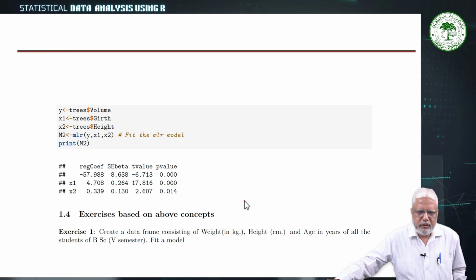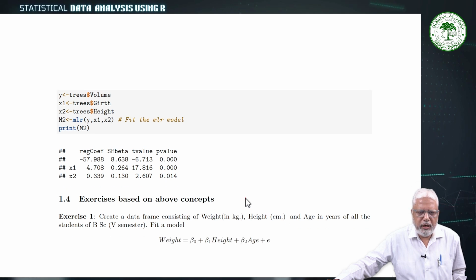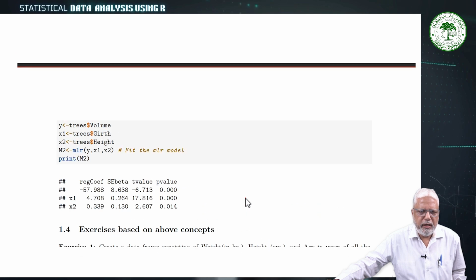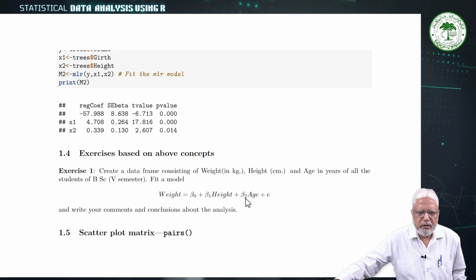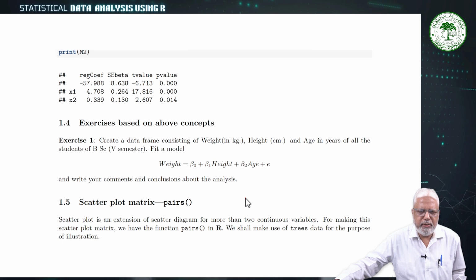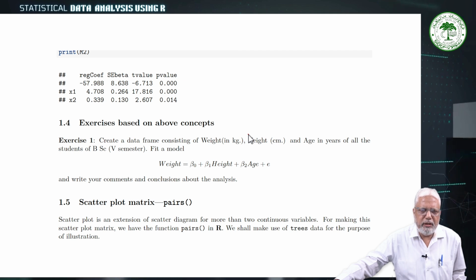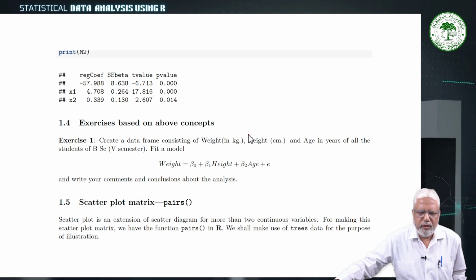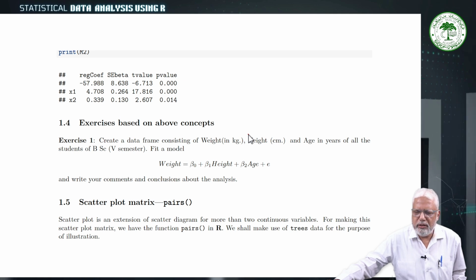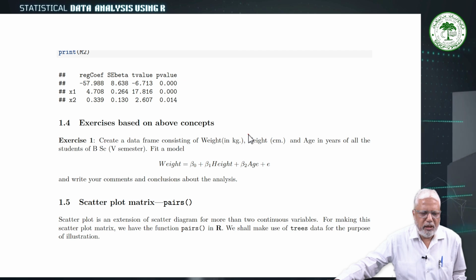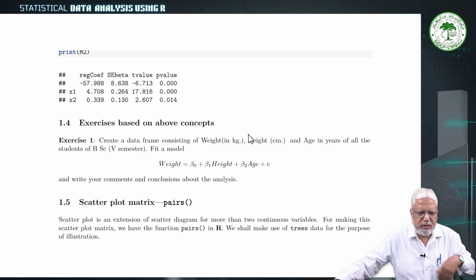Yes, my dear participants, today I am going to talk about, I have already covered MLR. Now, there is an exercise based on the above concepts, and that exercise says: create a data frame consisting of weights in kgs, height in centimeters, and age in years of all the students of BSc 5th semester.